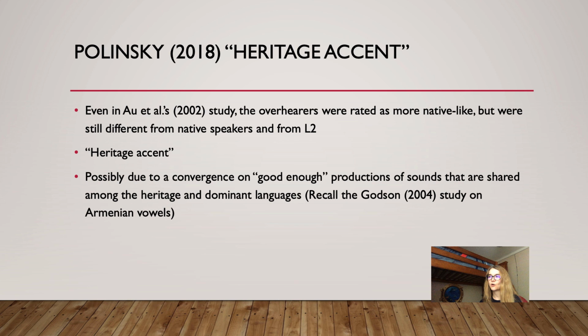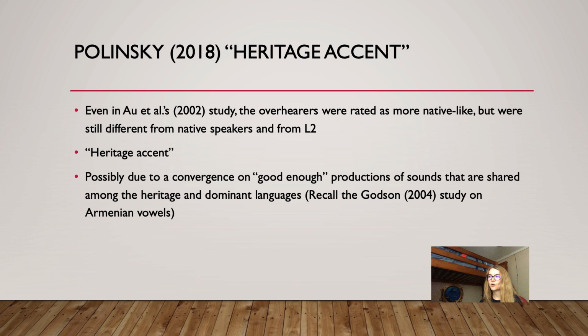The native speakers, though, still were rated more native than the heritage speakers. So again, they rank somewhere better than second language learners, but there's something about them. So there is this heritage accent, as Masha Polinsky calls it. And this could be due to a convergence on a good enough production of sounds that's shared among the heritage and the dominant language.